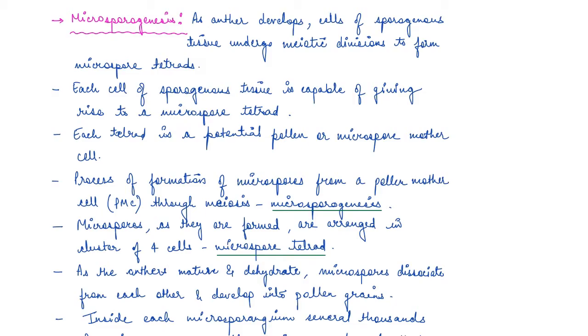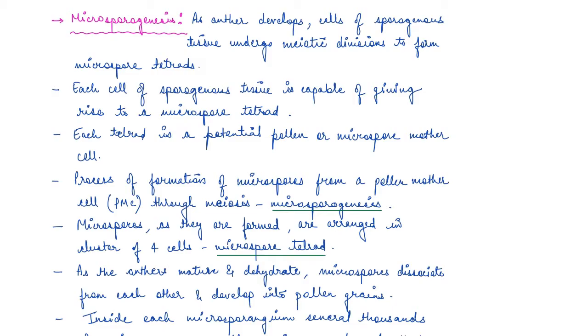Each cell of this sporogenous tissue is capable of giving rise to a microspore tetrad, so each one is a potential pollen or microspore mother cell. We saw microspore mother cells in the previous video as well.